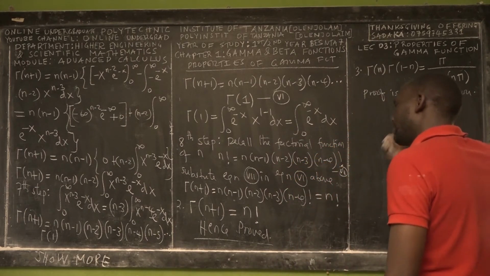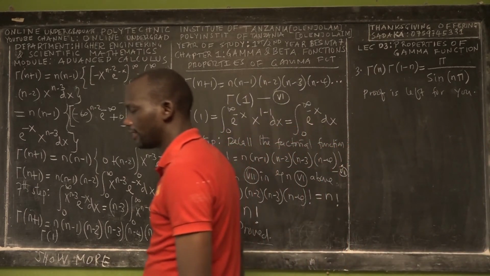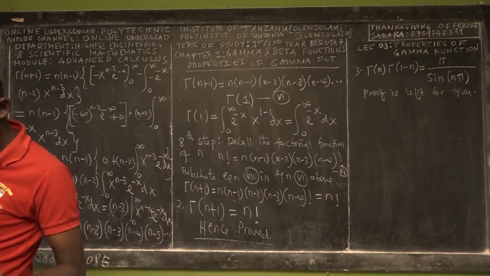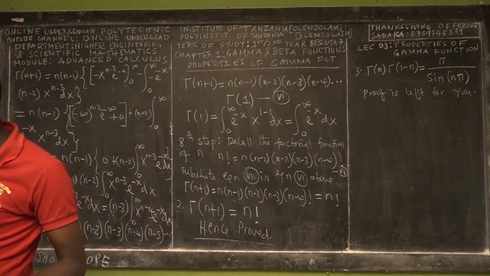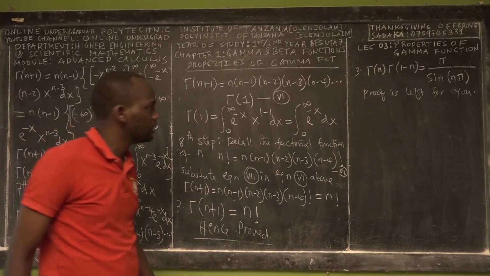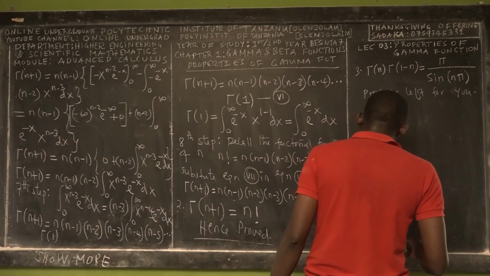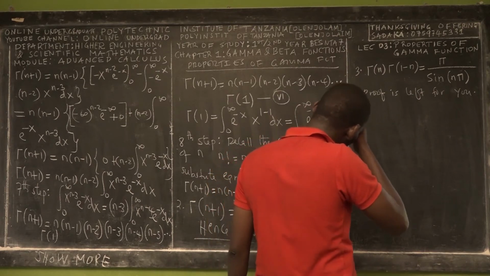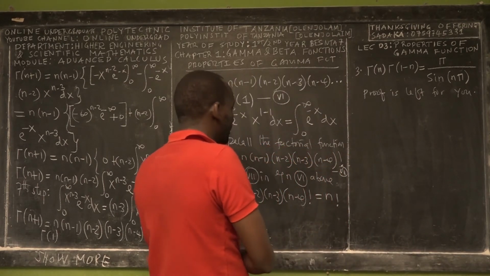Okay, so we have these three properties of the gamma function. Let us see the applications of these three properties. Right now, ladies and gentlemen, let me take you into the gamma function of positive integers. The gamma function deals with integers and fractions or non-positive integers.